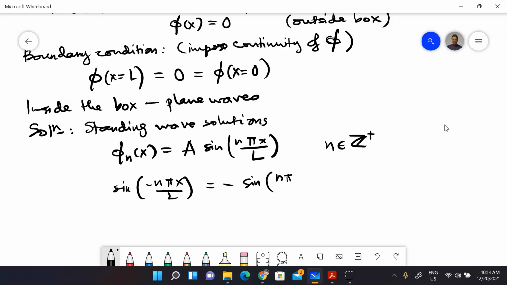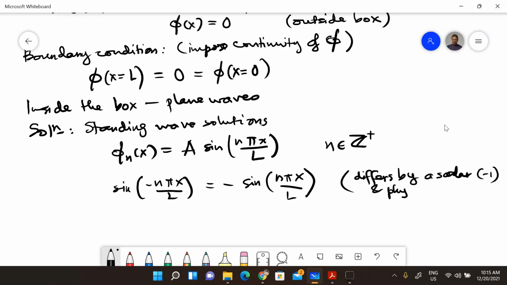And this is just an equivalent way, because your wave functions are subject to a scalar multiplying the wave function, so that will define the same physical wave function. So it differs by a scalar. The scalar over here is -1, and physically it is the same state.